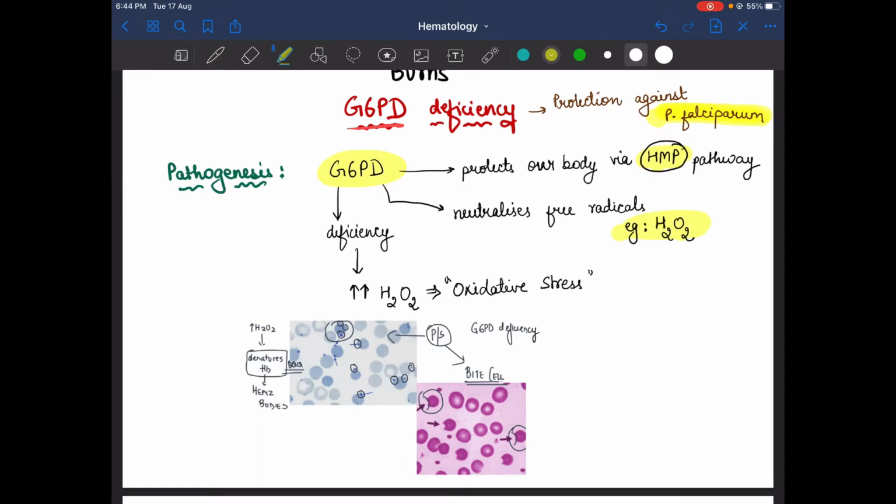If there is a deficiency of G6PD, free radicals increase, which means the H2O2 level increases in our body, and oxidative stress occurs.